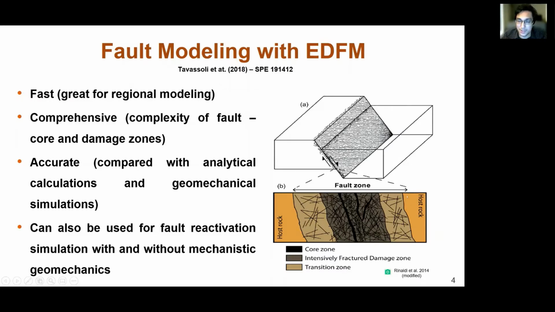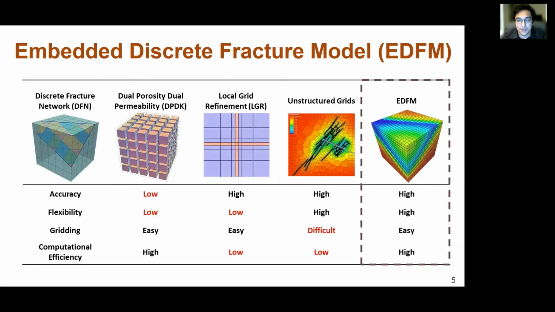So we would have here a damage zone, and then we would have the core zone. So the core zone is where we actually create the EDFM blocks, but the damage zone is also modeled with the EDFM. And the reason we choose EDFM is because EDFM has high accuracy and flexibility while keeping the gridding easy, and it also has a high computational efficiency, right?